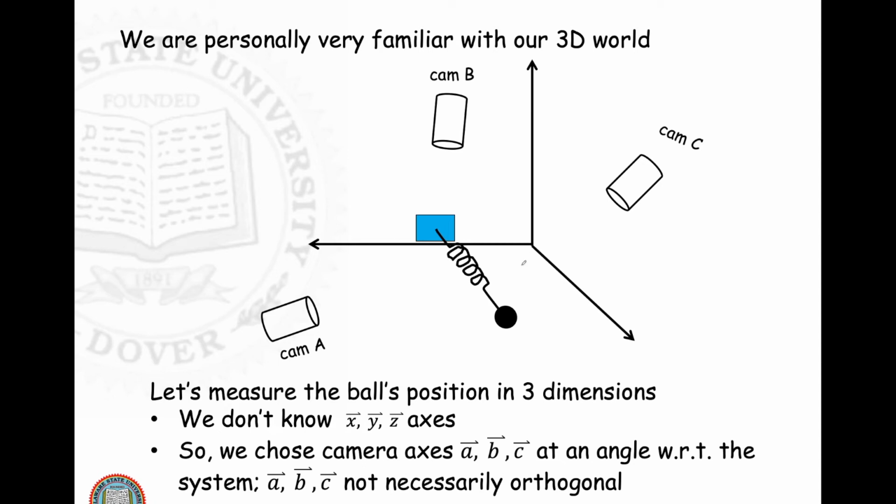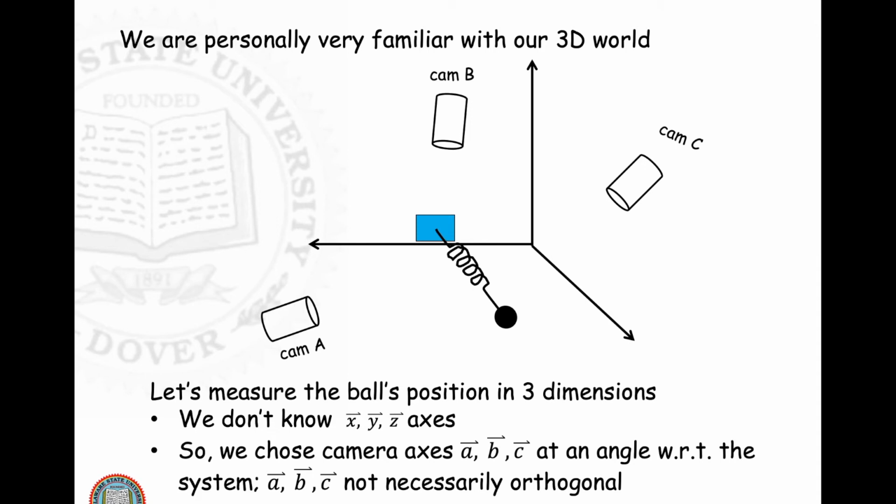The orientation of these cameras, the coordinates describing the field of view and the image coordinates for each camera, are not necessarily orthogonal. We can see here that the image plane axes for camera B are not orthogonal to camera C's, and they're not orthogonal to camera A's.